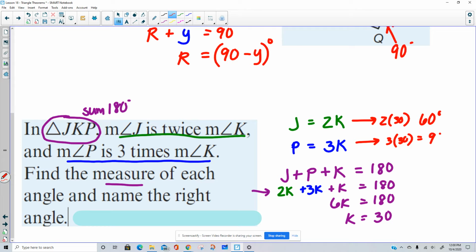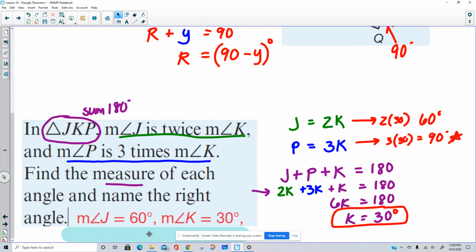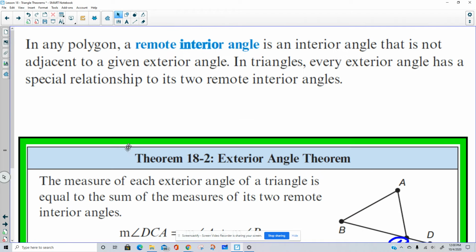Therefore, angle P is 90 degrees. Aha, that is the right angle. And K, that is one of the angles, that's 30 degrees. Let's check that and see if we got it right. Boom. Yes, we did. All right, on to the next one.